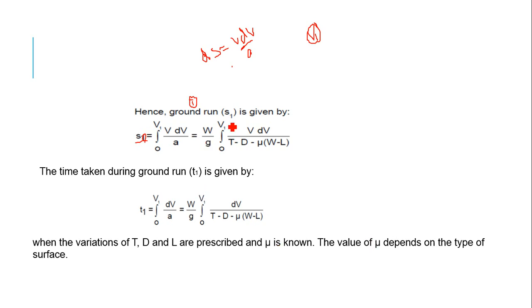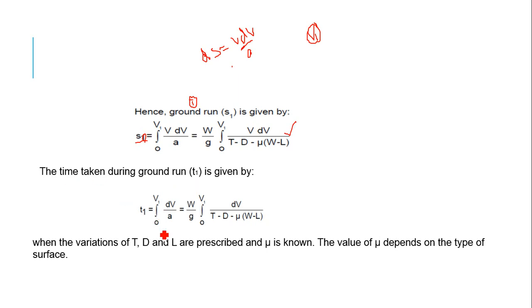So we can put it as W by g into the integral from 0 to V1 of V dV divided by T minus D minus mu into (W minus L). This is one of the equations for finding the ground run.